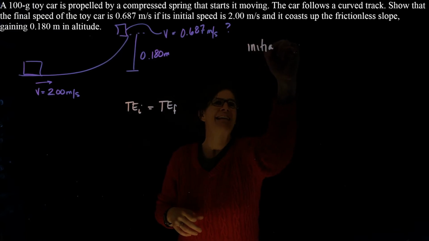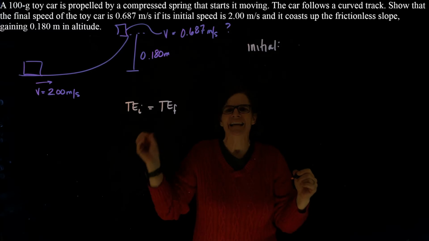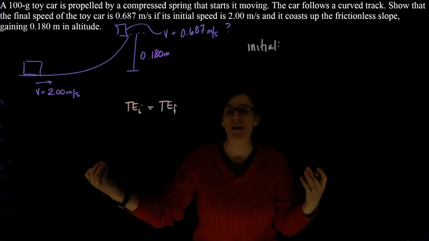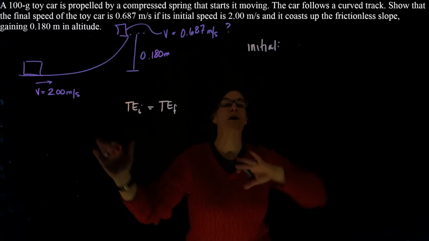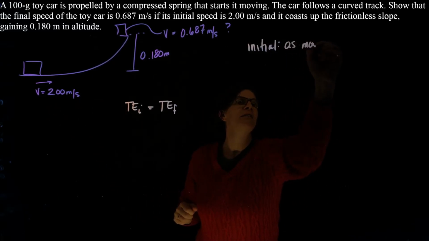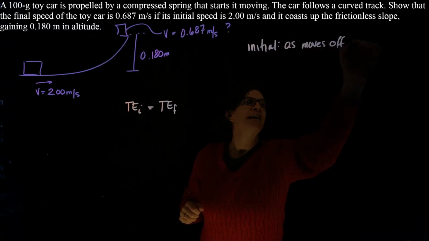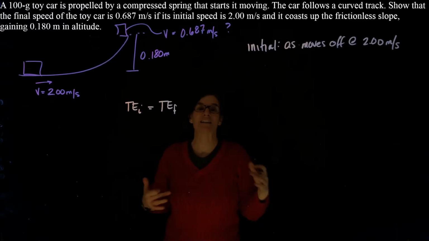In this case, it's going to help us if we recognize that that initial energy state isn't when the spring is compressed, because I don't have any information about the spring, but instead when it begins moving off the spring. So as it moves off at that 2 meters per second, that's going to be our initial condition.